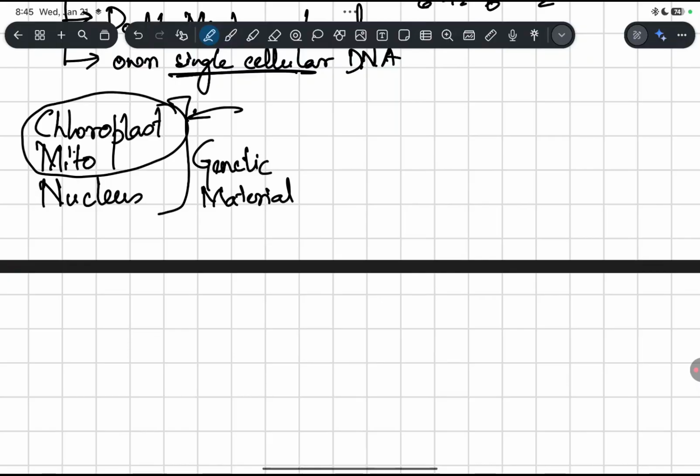There is a theory known as endosymbiotic theory, or endosymbiosis, where thousands of years ago a bacteria started to live inside a cell, right? In due course of time, that bacteria became an organelle, and thus the mitochondria and chloroplast got their own genetic material.